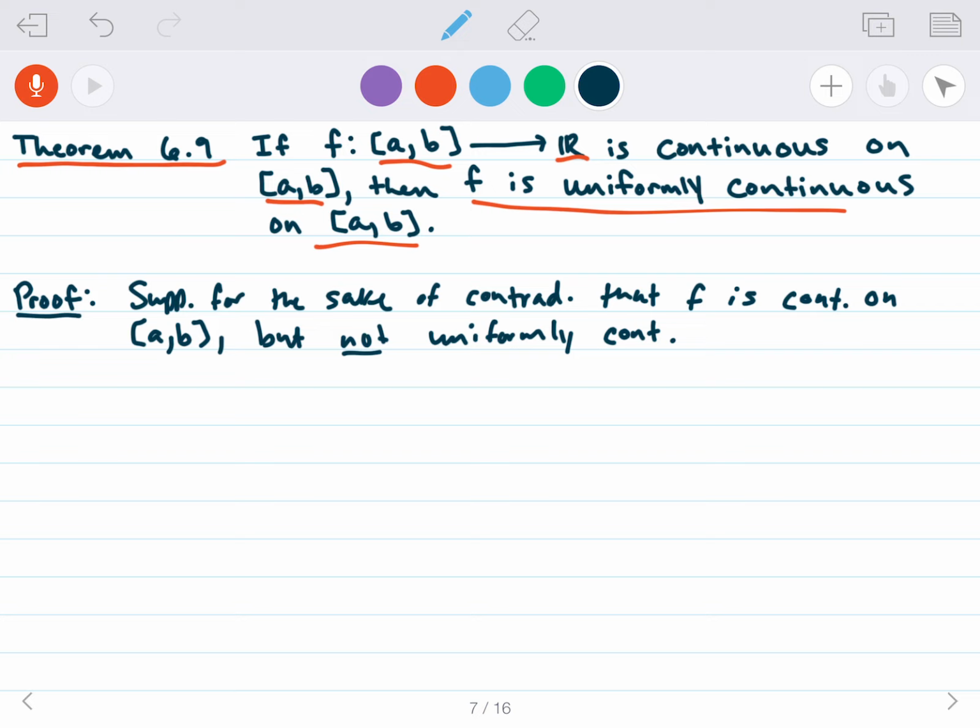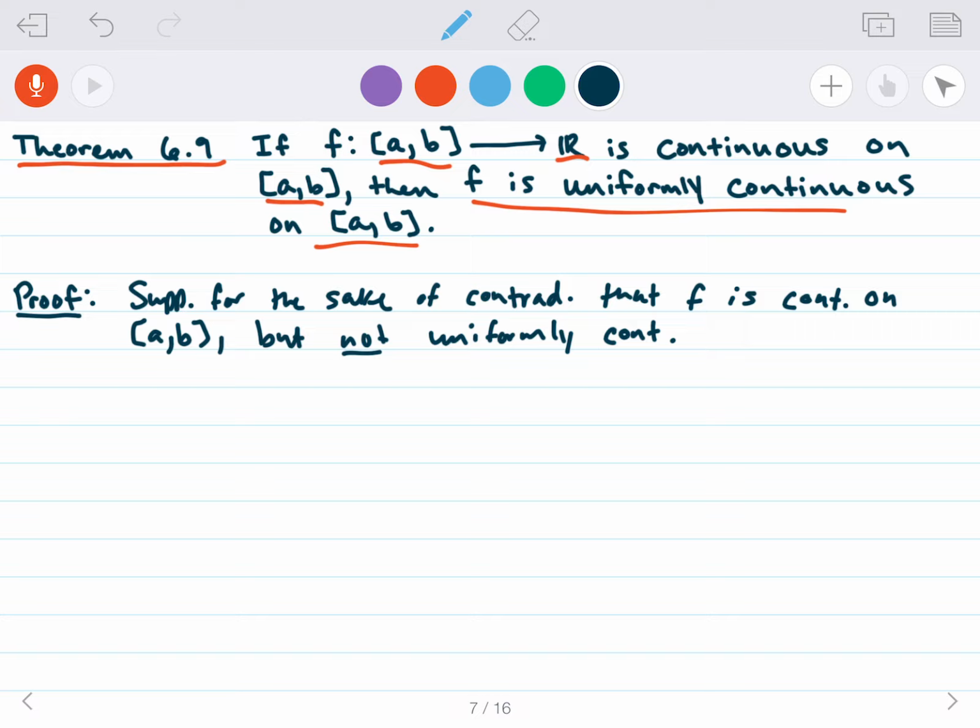And so we have to negate what it means to be uniformly continuous. And I'm looking back at the previous segment, and I think I may have said the negation wrong. So this is the correct negation. Uniform continuity says that there exists a delta neighborhood, so that for every c and for every epsilon, f(x) is going to be in the epsilon neighborhood.